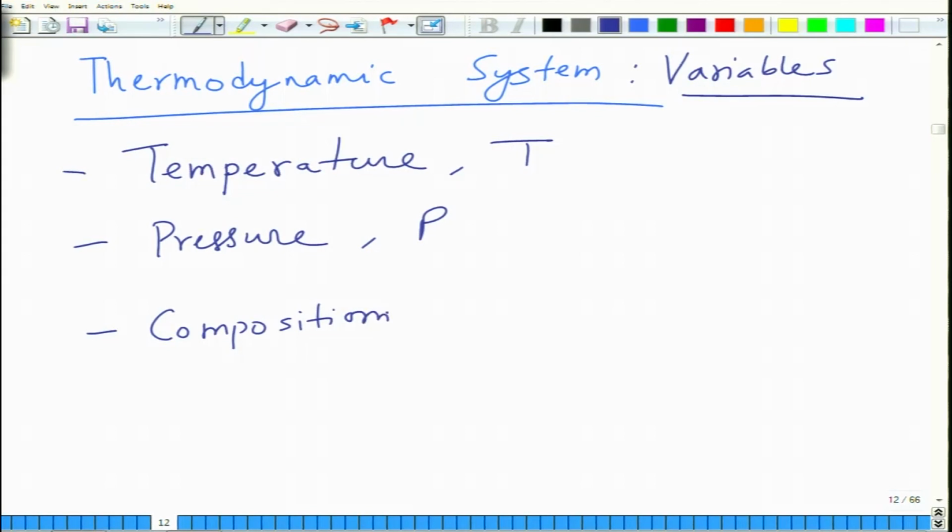If it is a multi-component system, then you can have compositions x1, x2, x3 and so on and so forth.